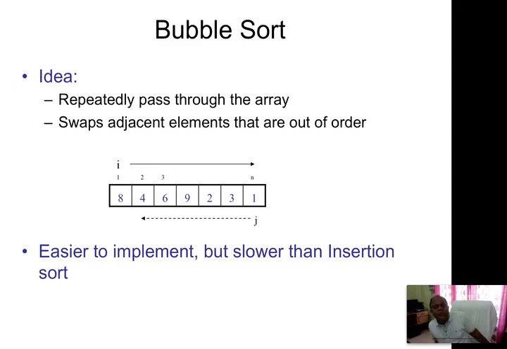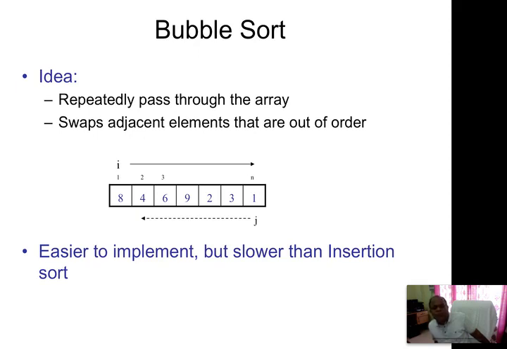See, in this example, the elements 8, 4, 6, 9, 2, 3, 1 are given, and you want to sort them using the bubble sort algorithm. In that case i will be 1, that means it will be the first pass. How many passes will there be? There will be n passes, where n is the number of elements.